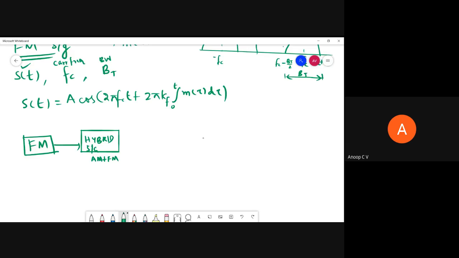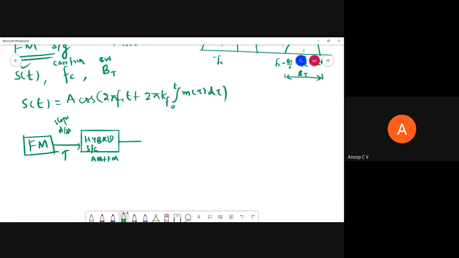In the sense that the frequency also will contain the message, and it will have an envelope also. An FM signal has a constant envelope, so we do some operation, which can be d by dt, or passing it through a slope circuit or discriminator or whatever. There are different techniques. By means of some technique, we convert this FM into a hybrid signal that will have information within its amplitude variation as well as in frequency variation.